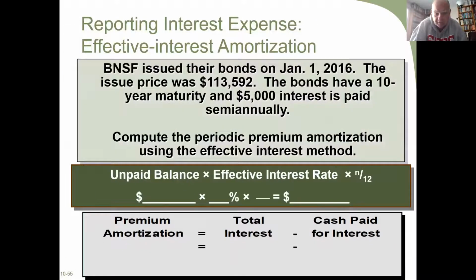Effective interest rate. How do we do this one? Market rate was 8%, right? So you do the 5%. No, you're falling into the same trap we just talked about. 5% is the coupon rate, 10% a year, right?